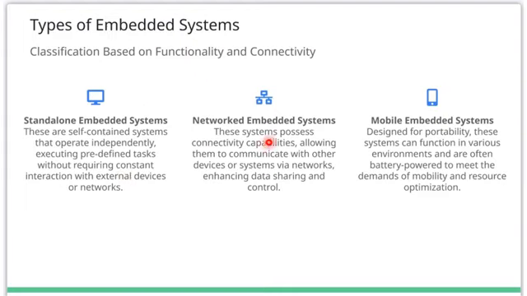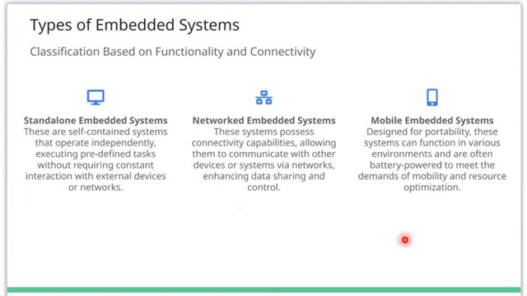Next part, we can differentiate the networked embedded system. Basically, different embedded systems are networked among themselves. They constantly communicate with each other over the network, and they share data and different control signals among them. Next is the mobile embedded system.